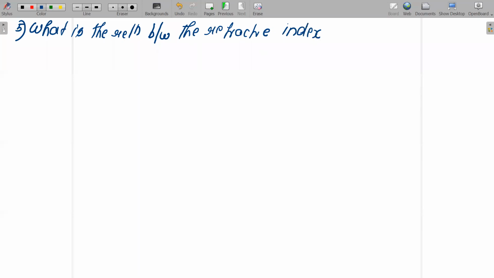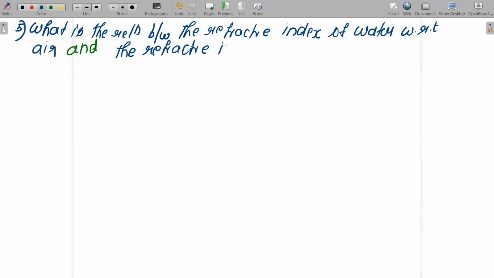Next one, fifth question, right? What is the relation between the refractive index of water with respect to air and the refractive index of air with respect to water?